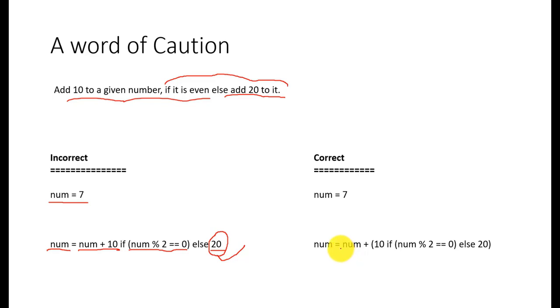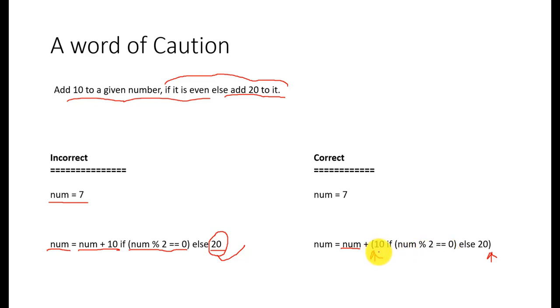So this is the mistake which is happening in this particular piece of code. How to correct it? Let me give you that example as well. So we should use an expression something like this. Num is equal to num plus. Now what we want to add depends upon the condition, right? So we can make use of parenthesis. First of all, the expression inside the parenthesis will be calculated.